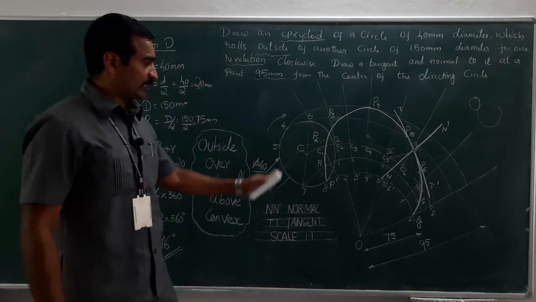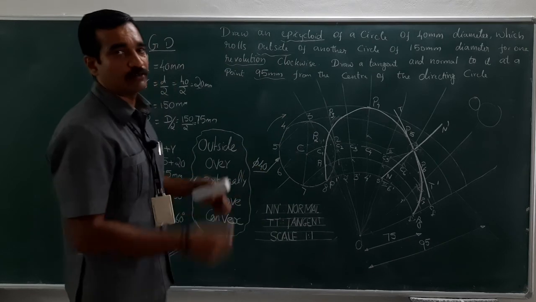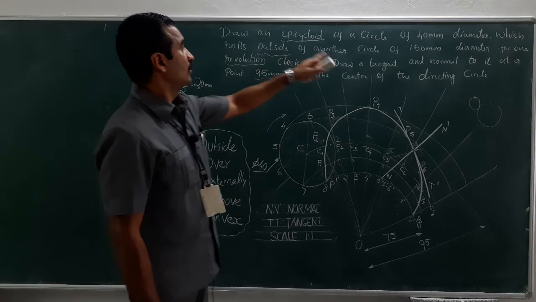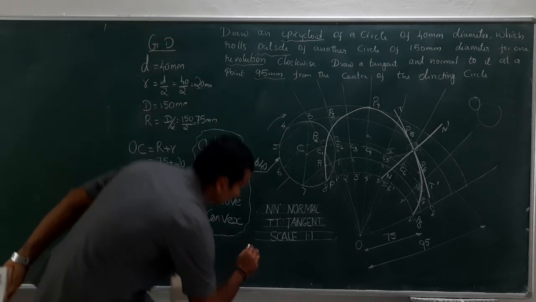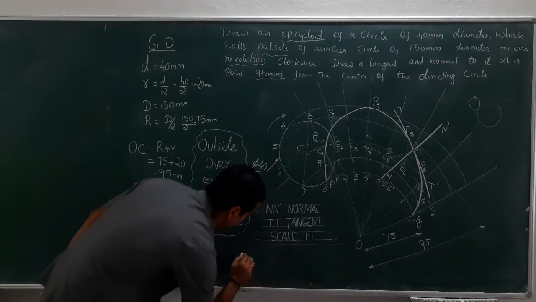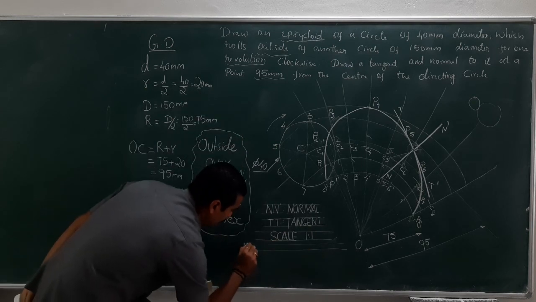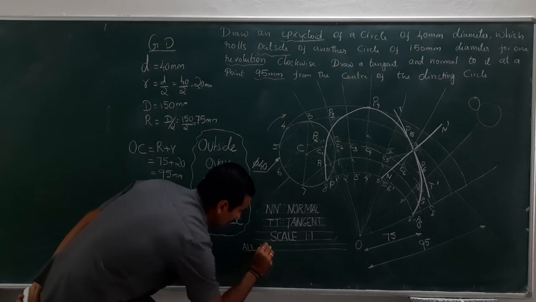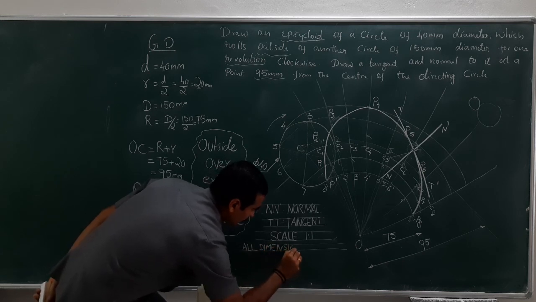Then the dimension which is specified here, 40, 75, 95, what is the unit of the dimensioning? It is mm: 40 mm, 75 mm, 95 mm. So which I need to capture here by drawing the guideline. All dimensions are in mm.